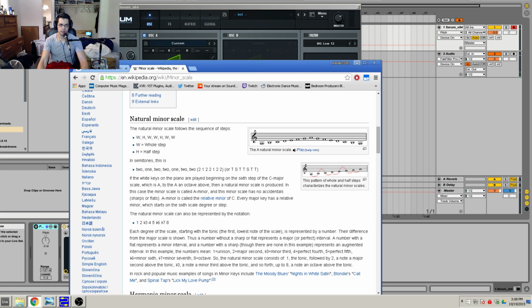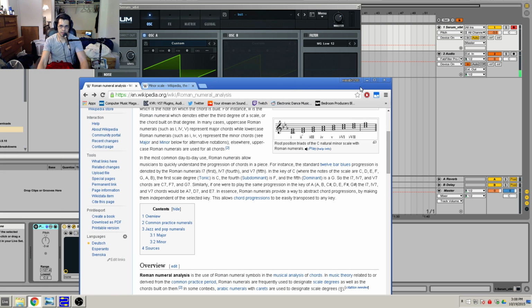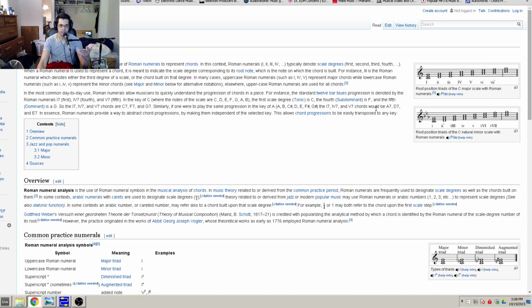So this is basically expanded in something called Roman numeral analysis. Roman numeral analysis is essentially assigning a Roman numeral to a chord.